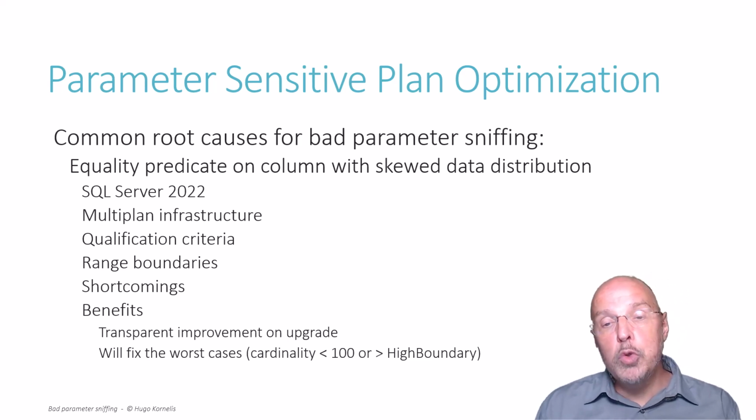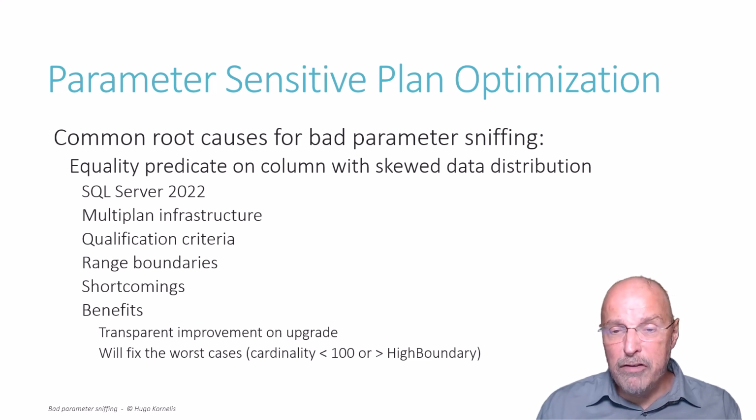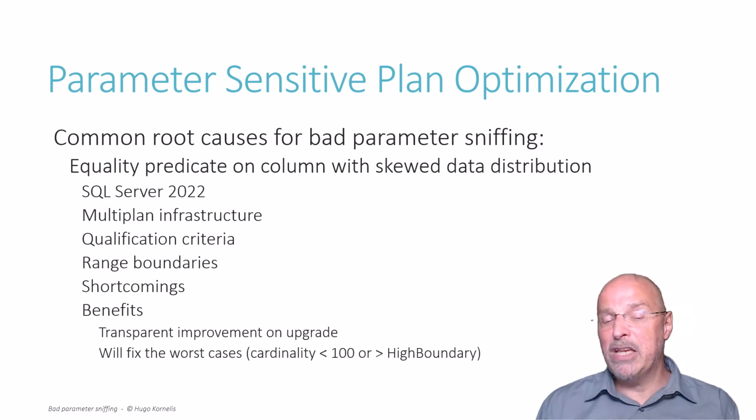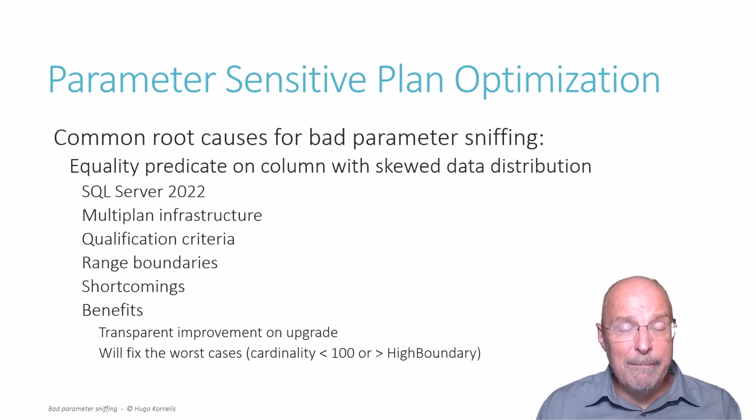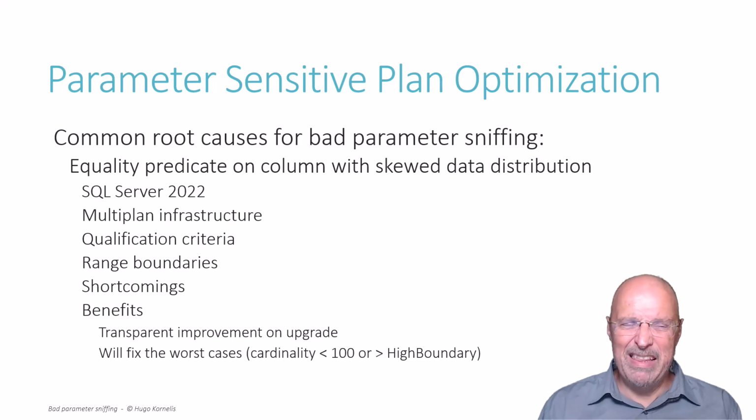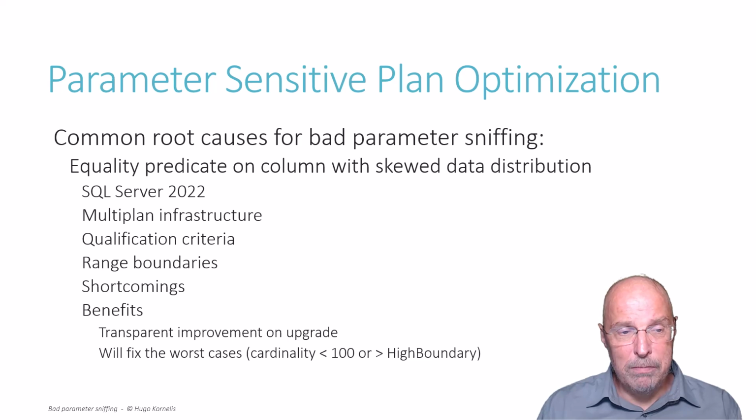All those tools in my pocket are still relevant, but at least some cases are solved for free without me having to do anything, unless my plan cache bloats. But that is an exceptional case that most people will not run into.